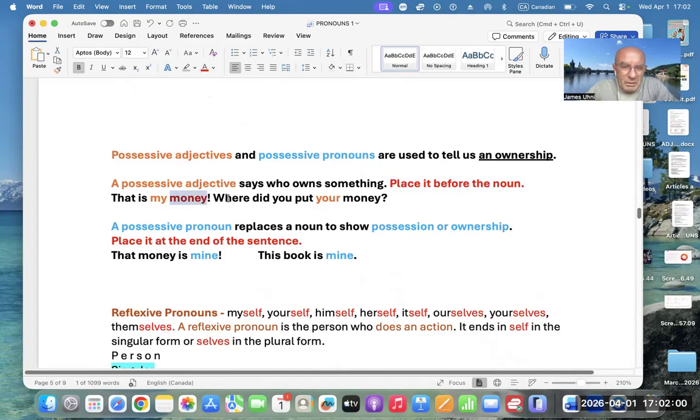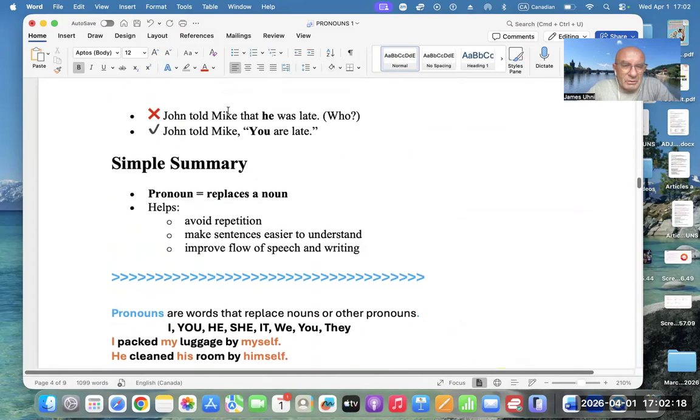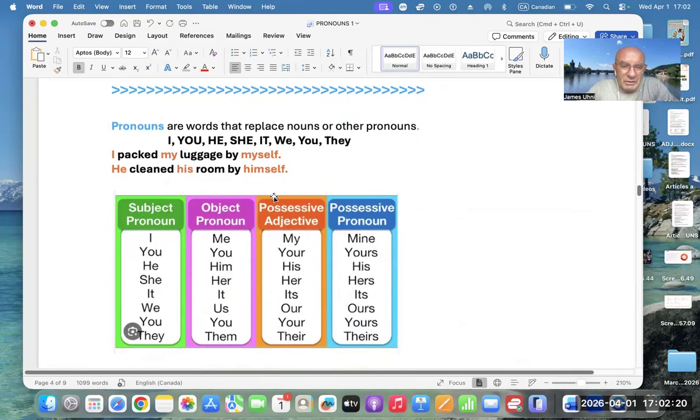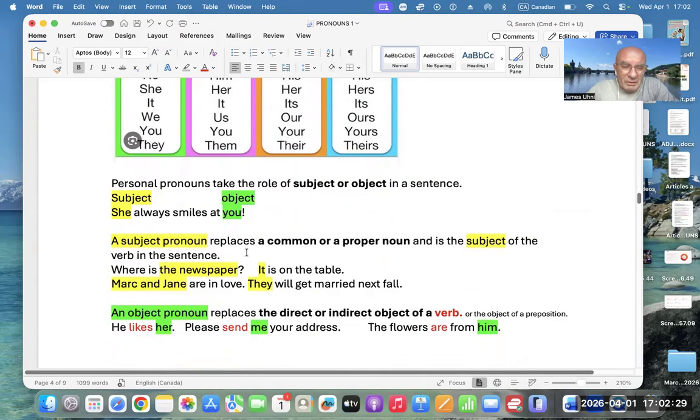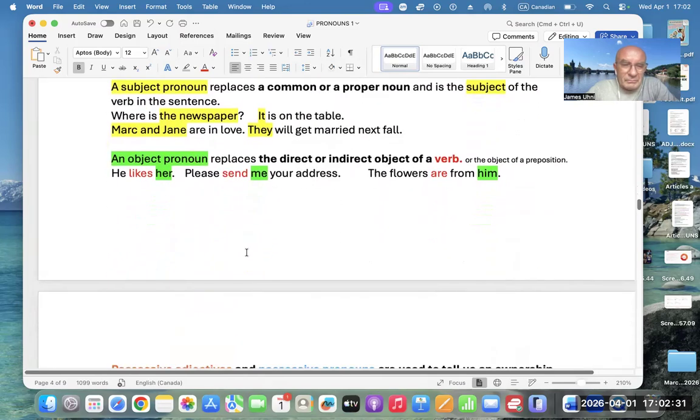Where did you put your money? My money, your money, and it is a possessive adjective. So we have it. Possessive adjective is right here, but it's an adjective. So what does it have to do with pronouns? Well, let's find out very fast.